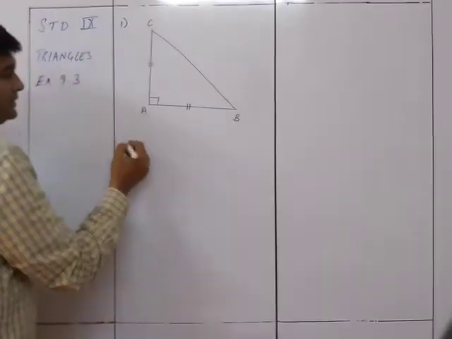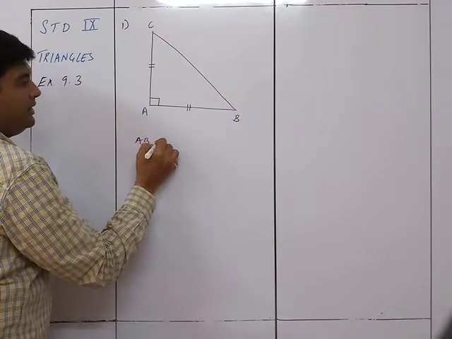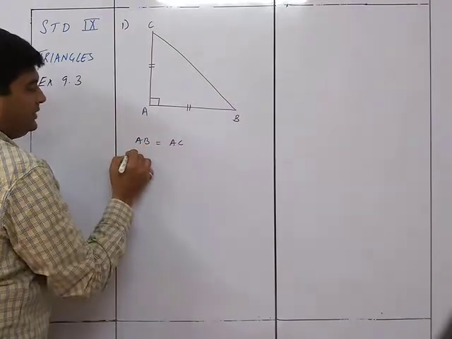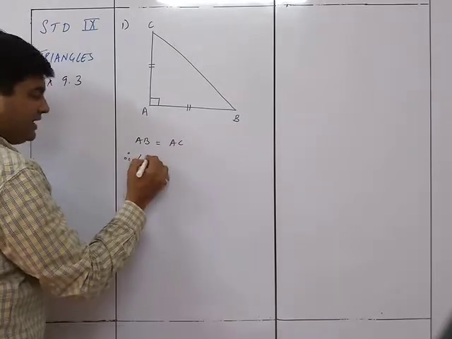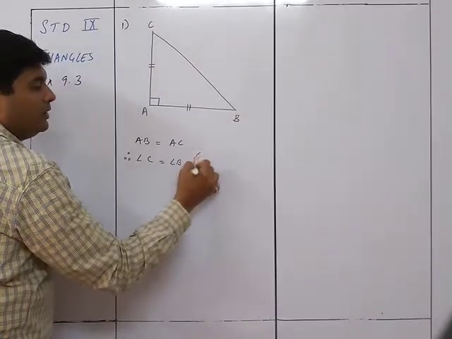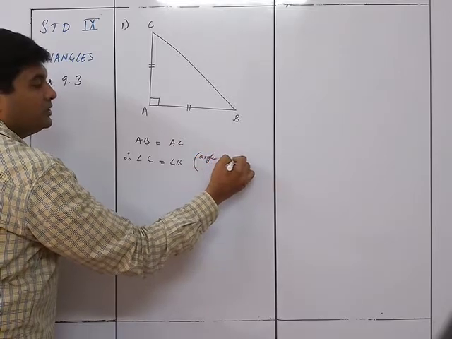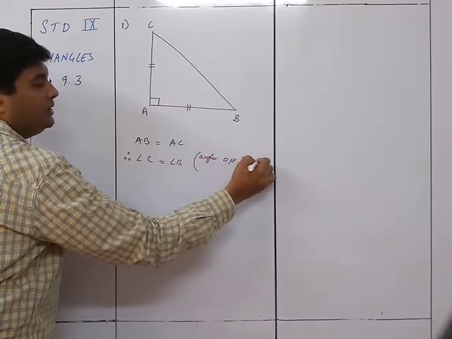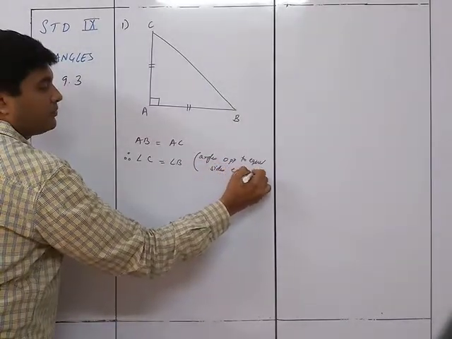Firstly we write over here that AB is equal to AC. Therefore angle C is equal to angle B, because angles opposite to equal sides are equal.